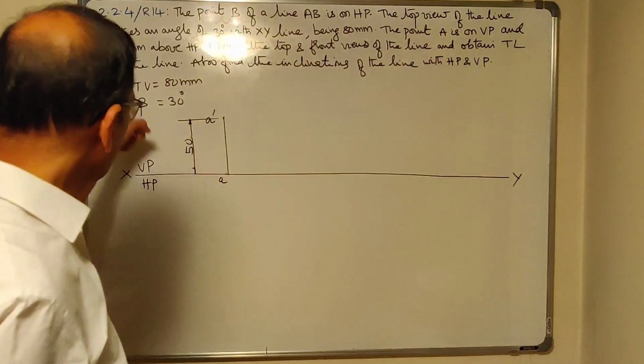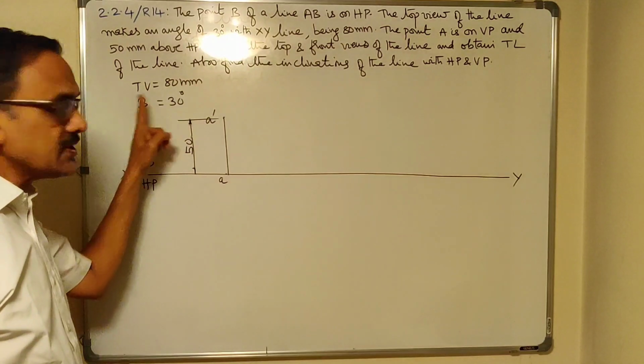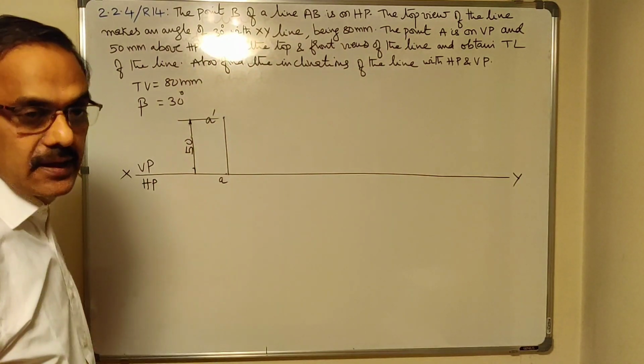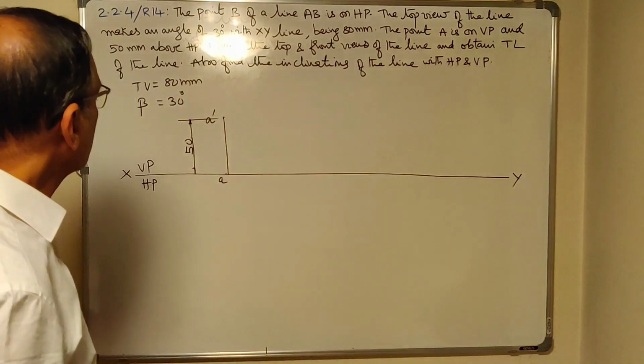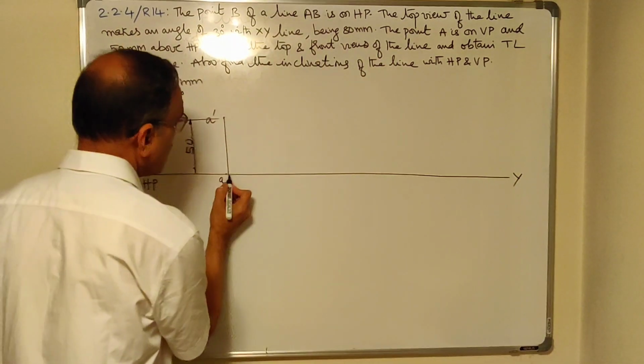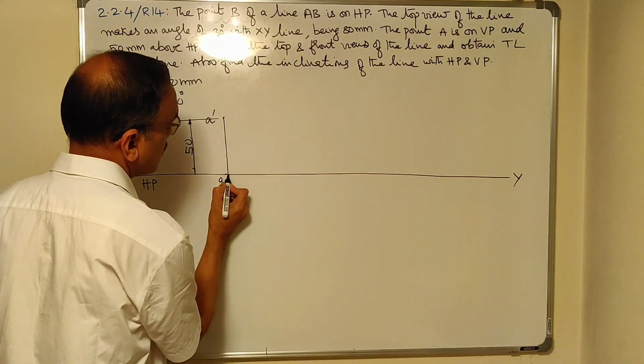Now you are given the top view as 80 mm and its angle is also given. I can draw that. I can draw the top view straight away. The length is 80 mm and the angle is 30 degrees.